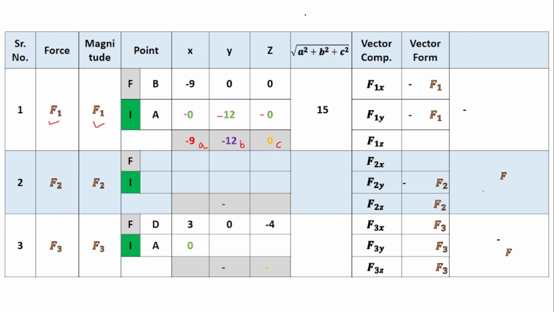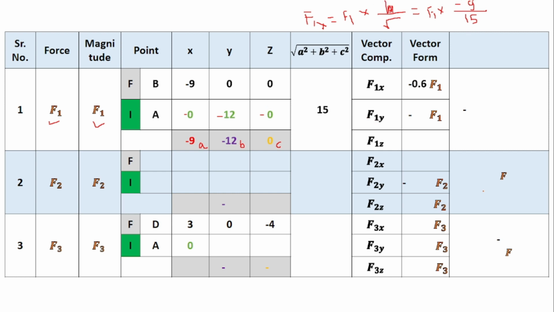Then to calculate F1x, the value of F1x will be equal to the magnitude of the force, that is F1, into a divided by the square root value. So here the magnitude is F1 into the value of a, which is -9, divided by the square root value, which is 15. So this value is -0.6 F1. To calculate F1y, just replace this a by b.